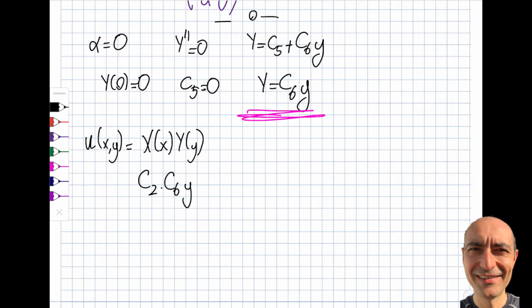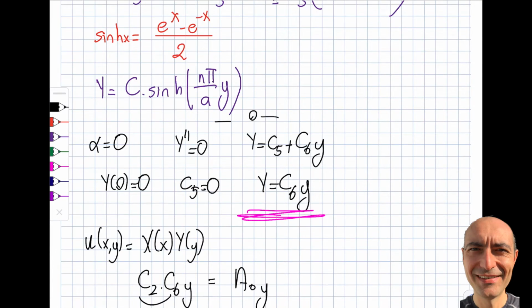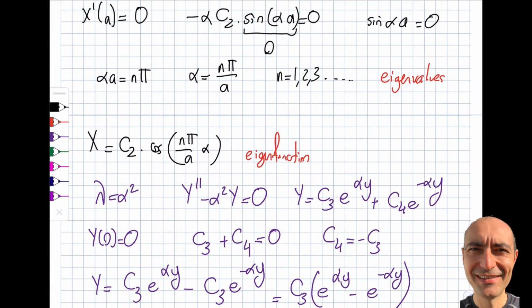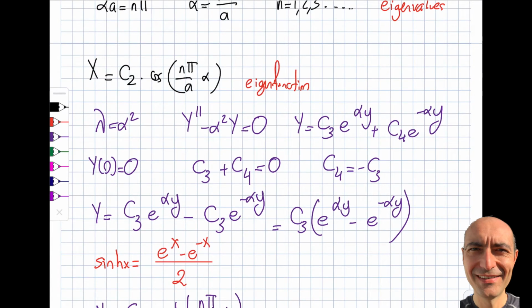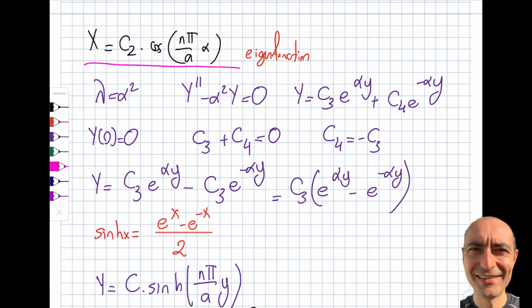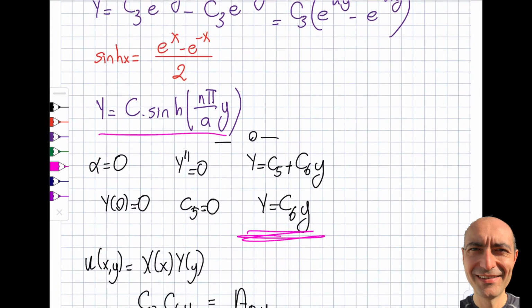So the combination of this, I'm going to call this, well, a0. I'll get a0 y. Why did I get 0? Because you obtain this when alpha is equal to 0, right? As I have an eigenvalue, so I'm trying to write this in the eigenvalue terminologies, right? So this is my X. So let's actually underline it with this pink as well, so it will be easier to see. And this is the Y. So I have to multiply those two. Do you see that? X times Y. Okay.